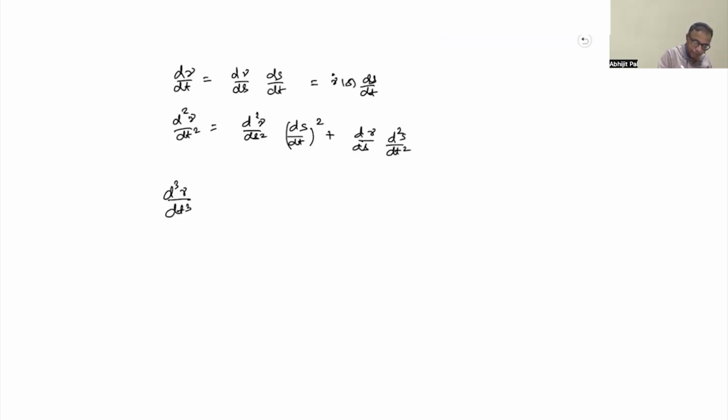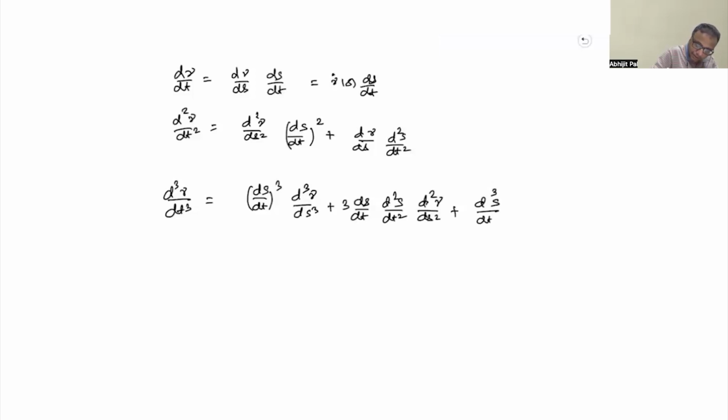And this triple derivative will be equal to the following: ds dt whole cube times d3 gamma ds cube, plus 3 ds dt d2s dt2 d2 gamma ds2, plus d3s dt cube and then d gamma ds. So you can show this.